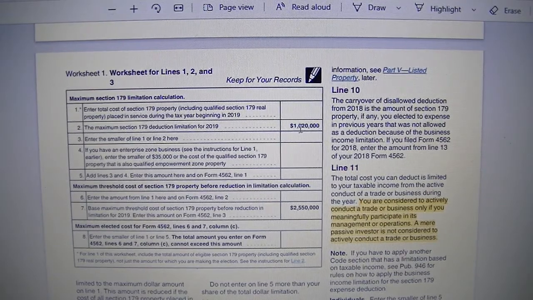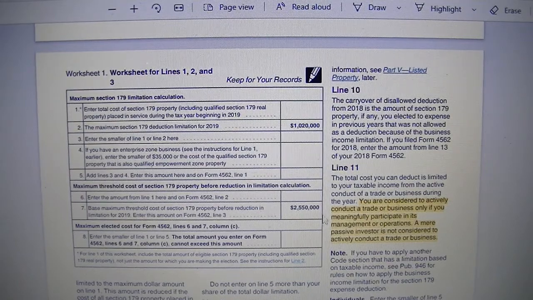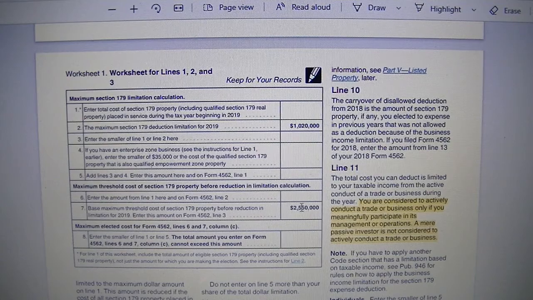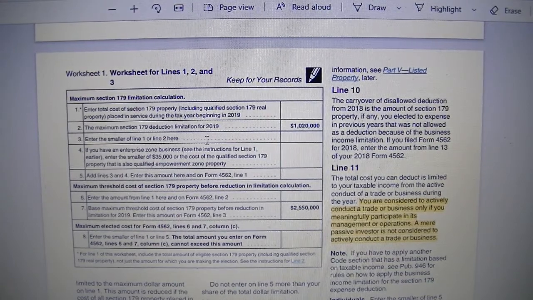And keep in mind, for 2020, the maximum is 1,040,000, and 2019 was 1,020,000. And the maximum on line 7 is 2,590,000 for 2020, and for 2019 it was 2,550,000.